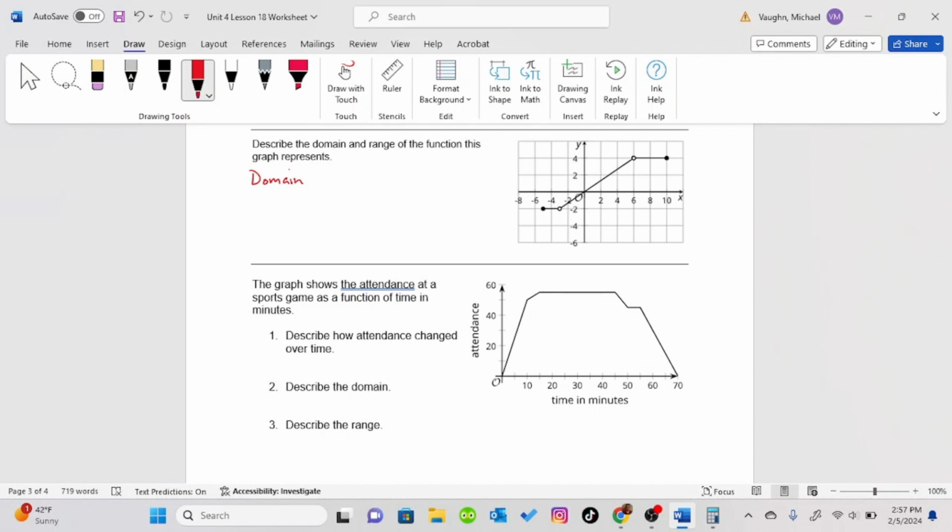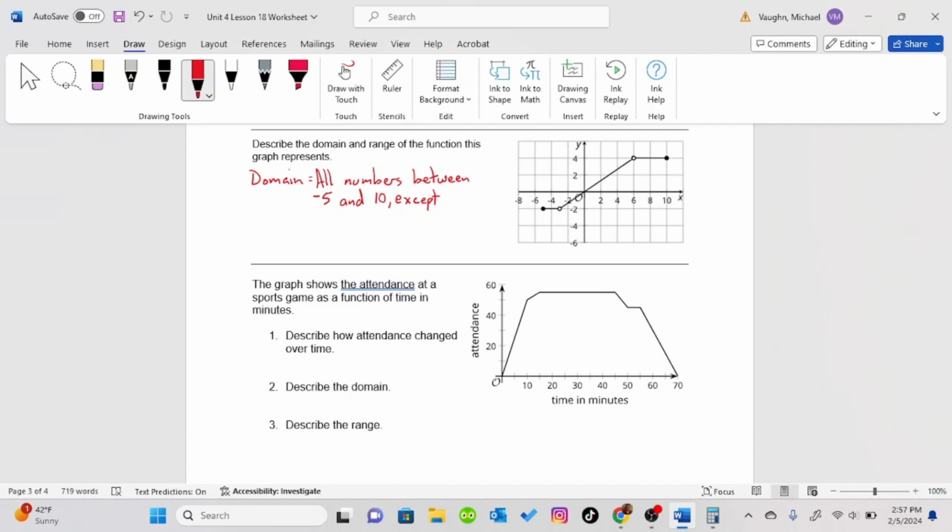So this is all numbers, since we have a solid line, between, this starts at -5 and ends at 10, except the 2 points where we have hollow points.